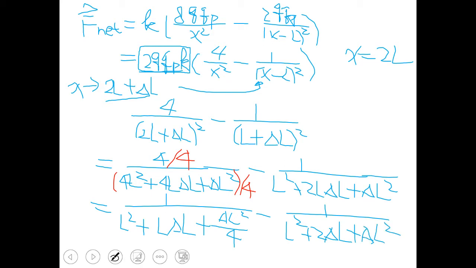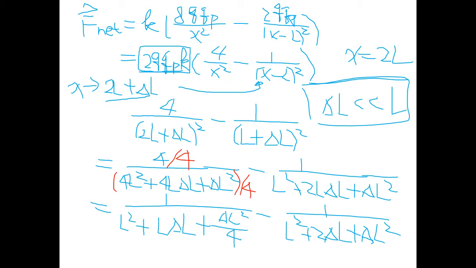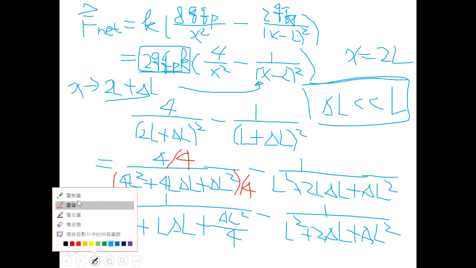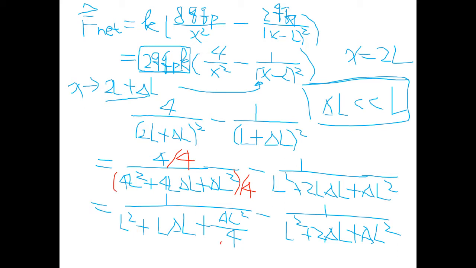Suppose delta L is very small, much smaller than L, so that we can usually ignore the square term because it is very, very small.